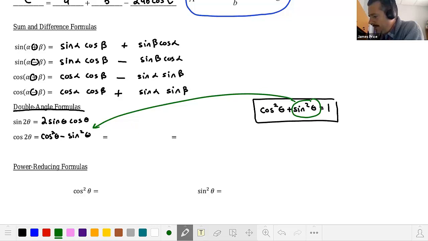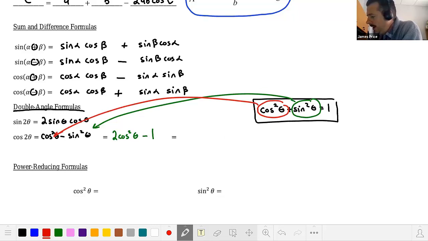So you'll see you actually get 2 cosine squared theta and then a minus 1. Whereas instead of solving for sine squared, if you solve for cosine squared theta and then plug that in over here, you'll get 1 minus 2 sine squared theta.